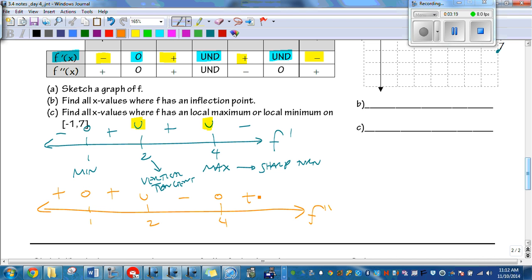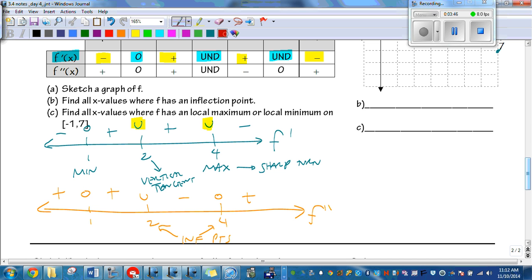So this is telling us when f of x is concave up or concave down, and it also allows us to find the inflection points. So where do we have inflection points? 2 and 4. It only happens when the second derivative changes from positive to negative or negative to positive. Here it's not changing, so we don't have an inflection point.